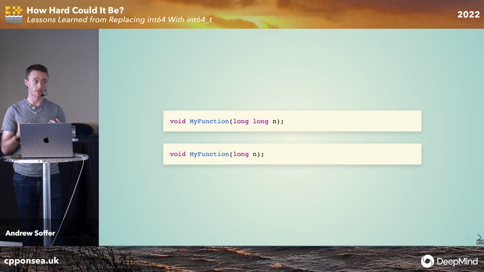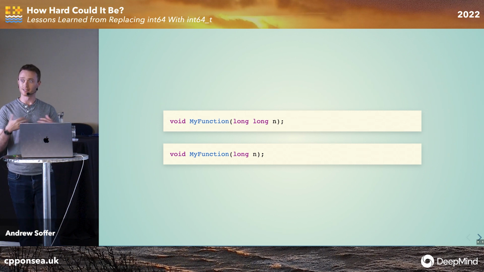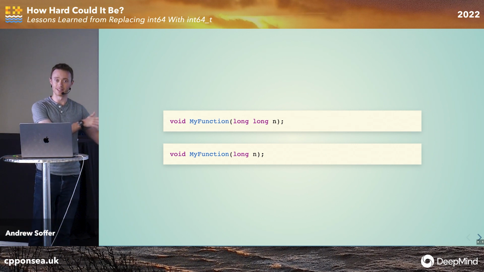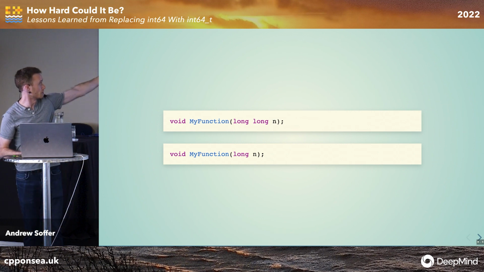But here's what the compiler actually sees, right? int64 is an alias. The compiler actually sees the underlying type. And so in the old version, when int64 meant long, the compiler sees the first thing here, my function of long. In the new version, we have a totally different function, my function of long long.